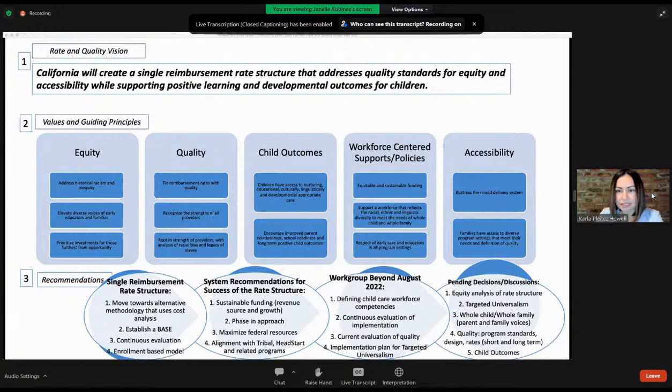So first and foremost, there was a lot of input on the fourth value, workforce-centered supports and policies. We had named this stability and supports, but received language from you all during our last meeting saying we really need to emphasize that the workforce, this needs to be workforce-centered.